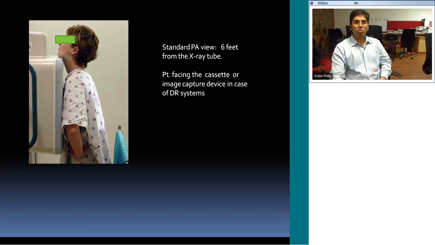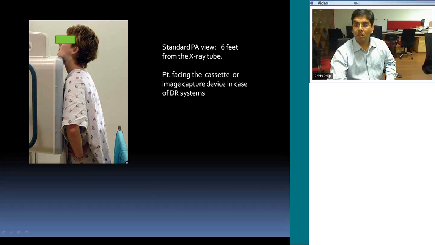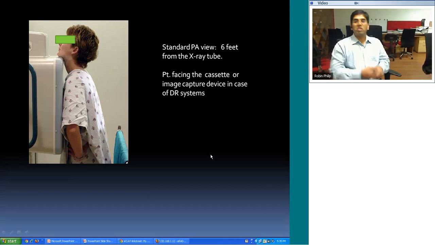Let's move on to the technical factors. Usually the commonly done examination is the PA view, obtained with the patient in standing position, facing the cassette or the image capture device, in the case of DR systems where the image is directly acquired onto those capture devices.